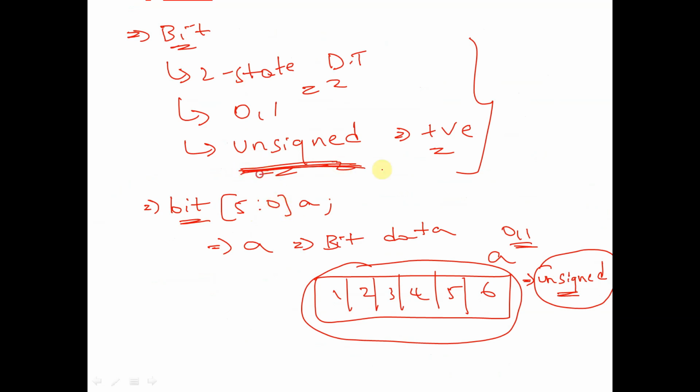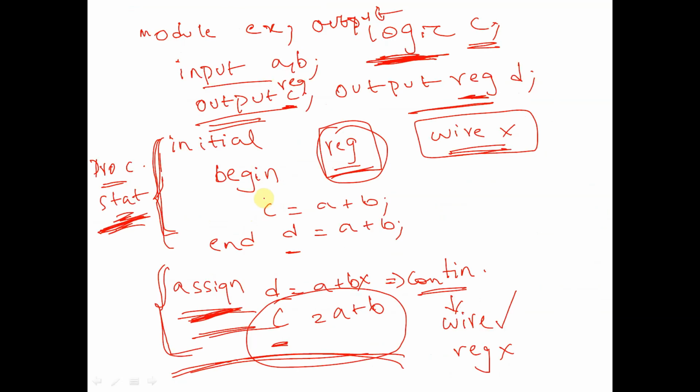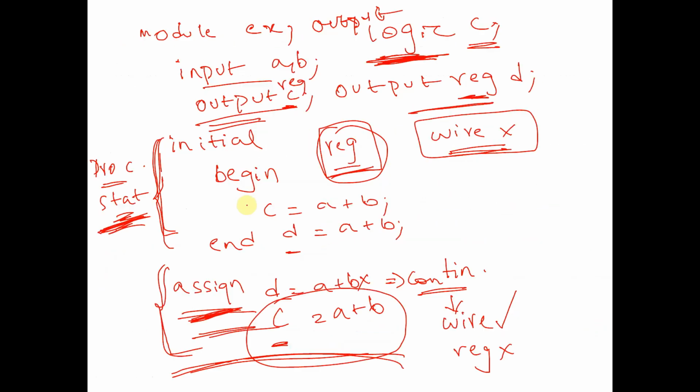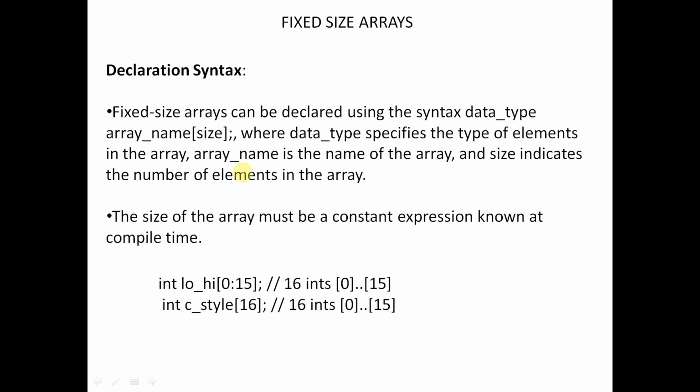This is a very, very important point to be remembered. Signed and unsigned makes a lot of difference here. And remember how the logic data type is being used in SystemVerilog. We will use only the logic data type in most of the cases.